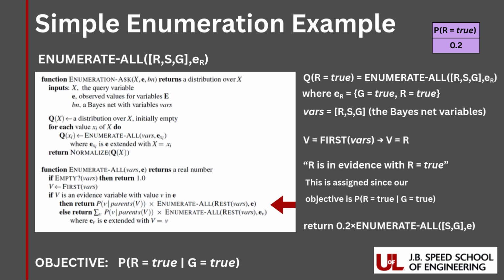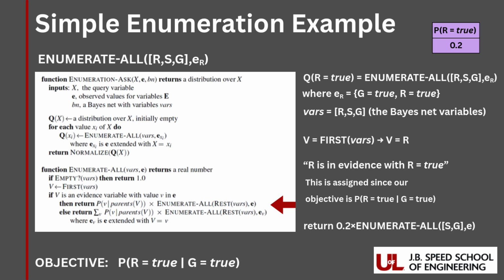We go ahead and jump to our second code, which is enumerate all, and so we will go through this section of code with the rain variable and the BayesNet variables.